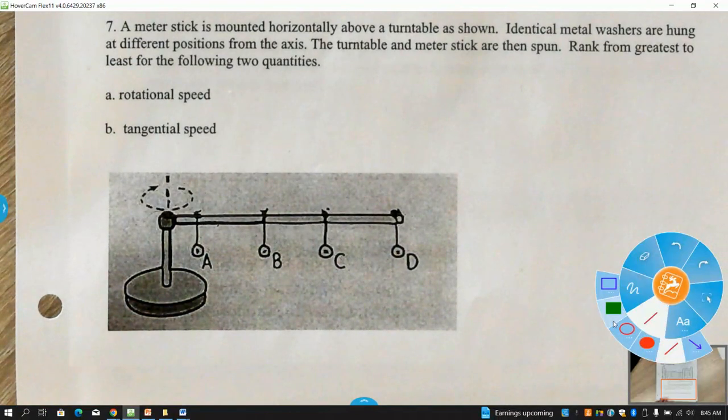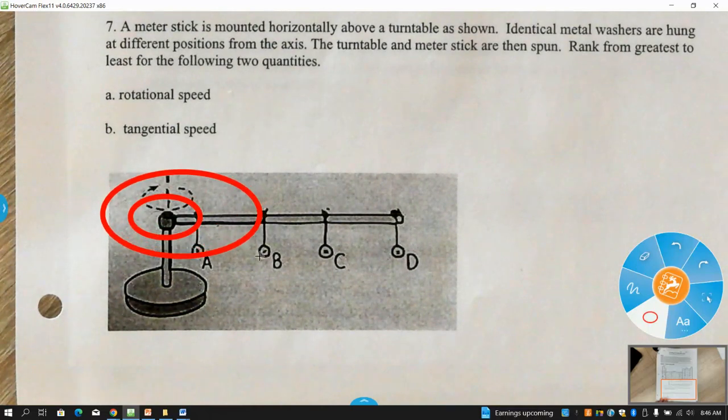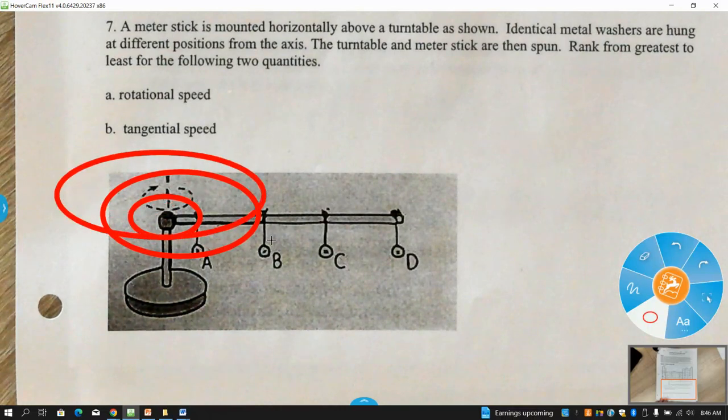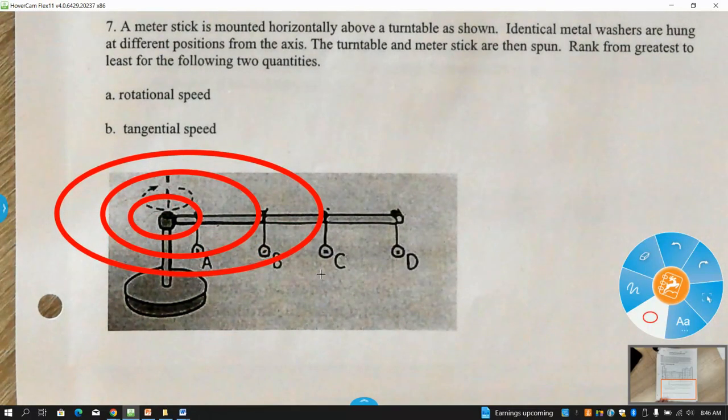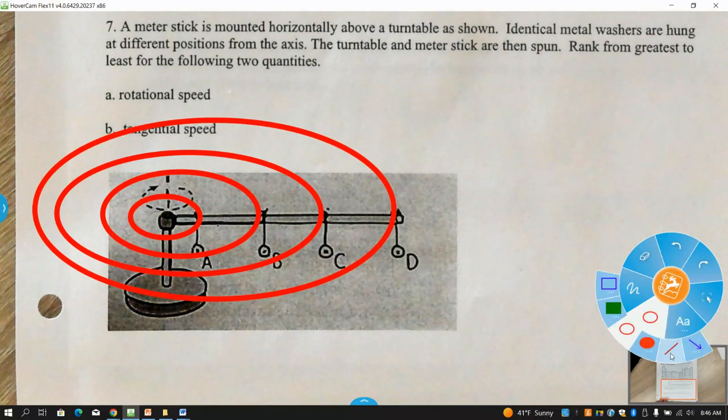So you have A, you have B. Okay, the idea is they want to know rotational speed.